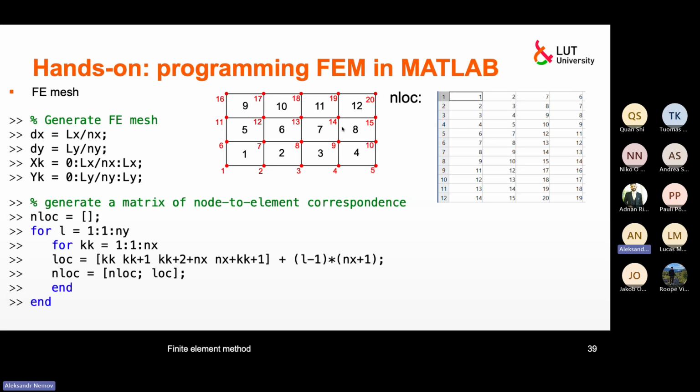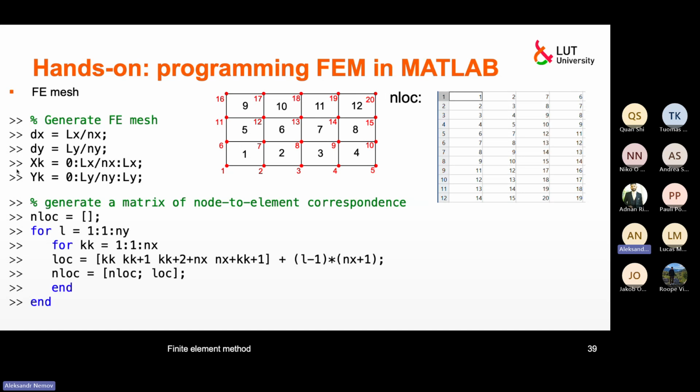But then those nx and ny reflect the number of rows in this array. In this case, you have 12 because it's 3 by 4, because we use 3 and 4 here, but it may be different. Okay, so we need somehow to store this information about elements and nodes and their numbers and their locations.